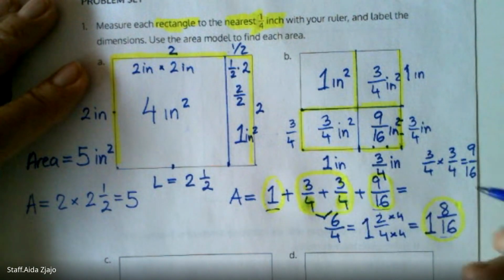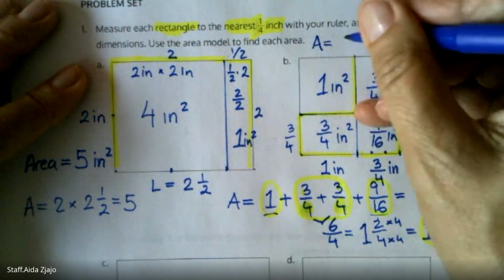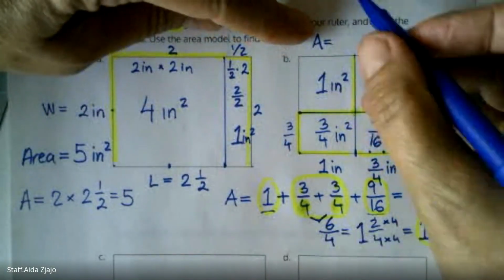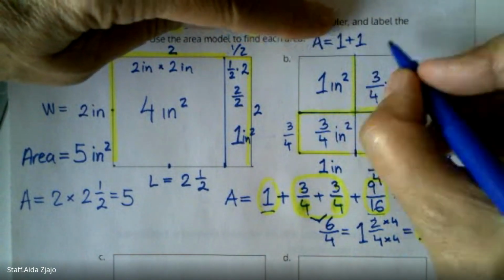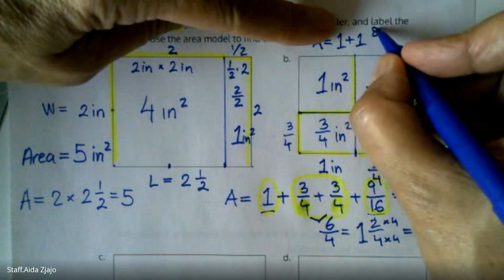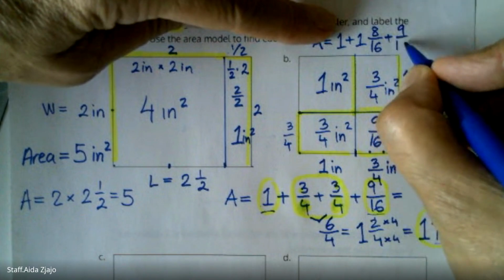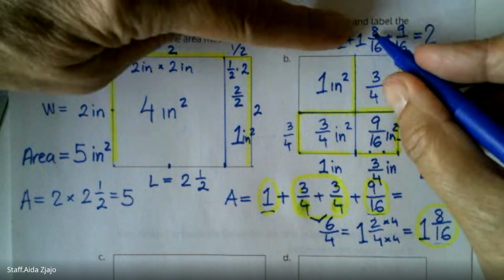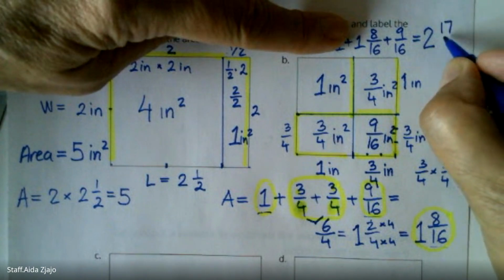Area equals 1 whole plus 1 whole and 8/16 plus 9/16. That makes 2 wholes, and 8 and 9 is 17/16.